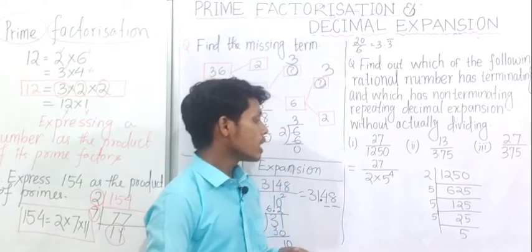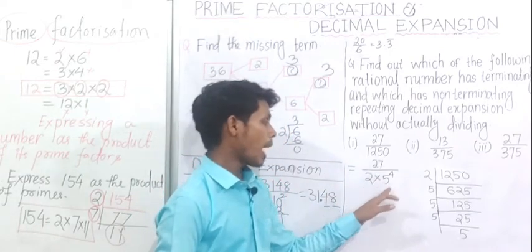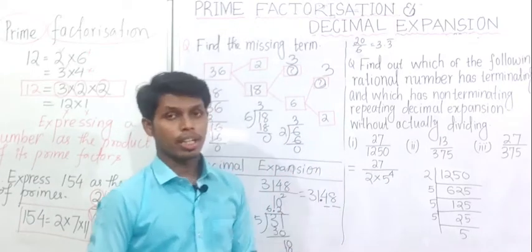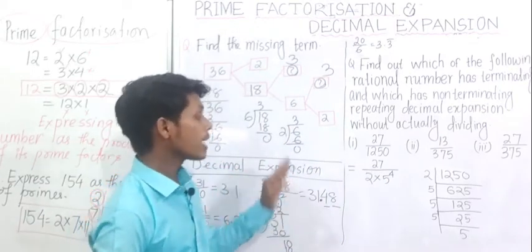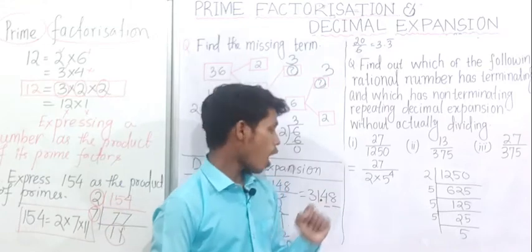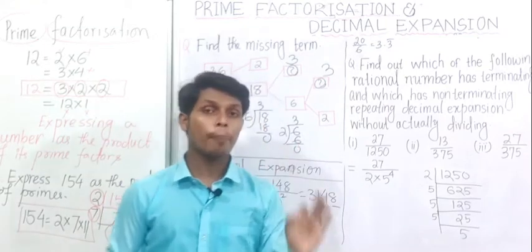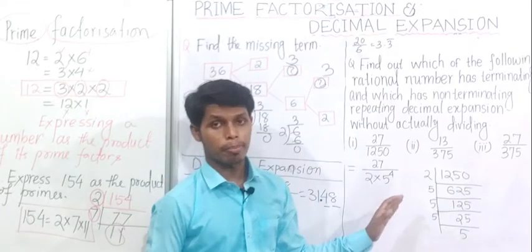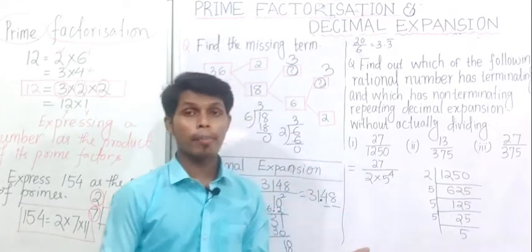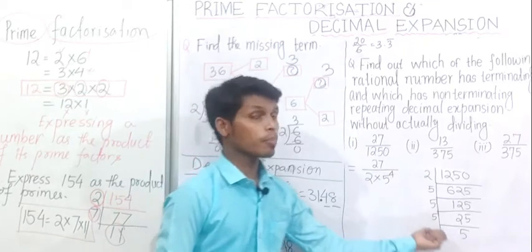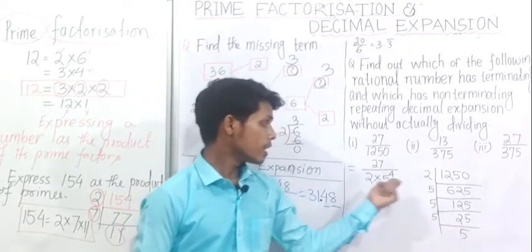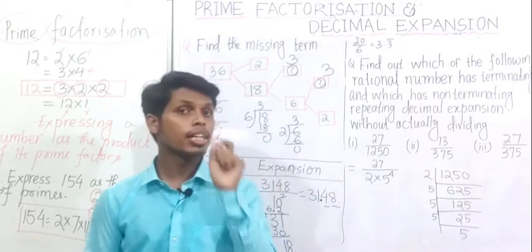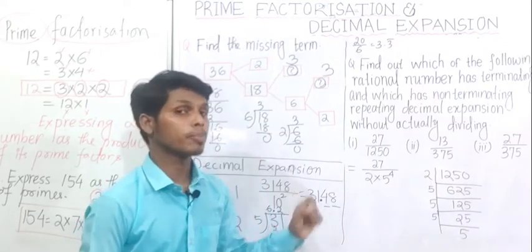Next we will see what prime factors come in the factorization of the denominator. If we are getting only 2, or only 5, or only 2 and 5, meaning there is no other prime number in the prime factorization of the denominator, then this rational number has terminating decimal expansion.